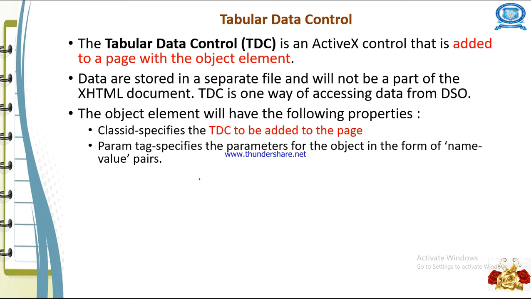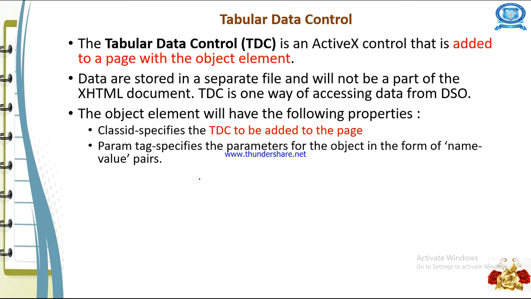But suppose you have to use stored data. The data are stored in a separate file and will not be part of the HTML document. But this TDC only accesses the data from the DSO, the data source object. You have to use the following properties.